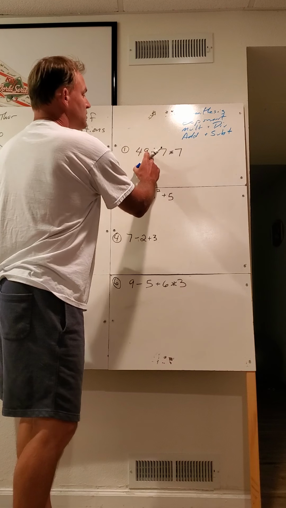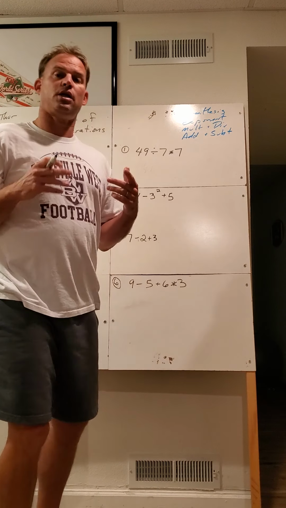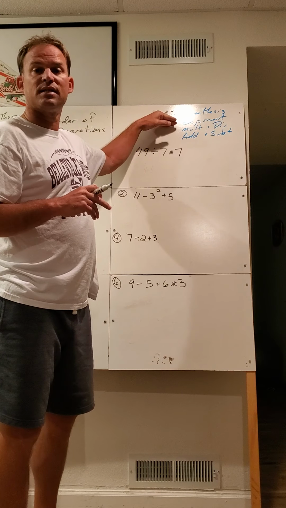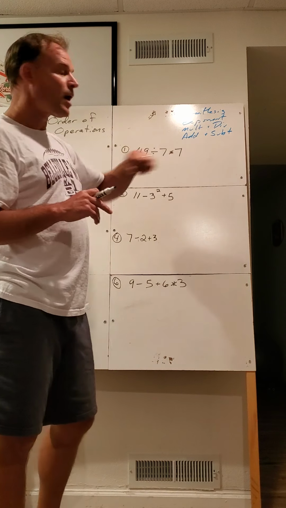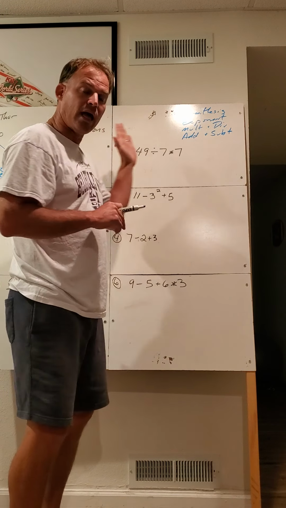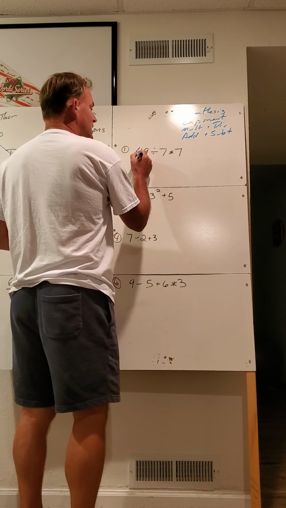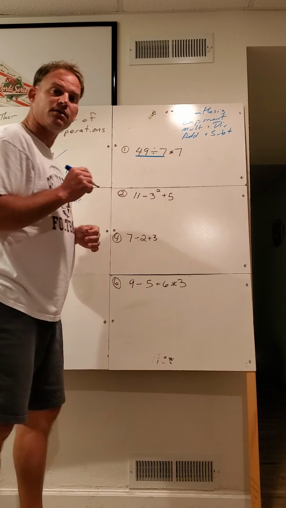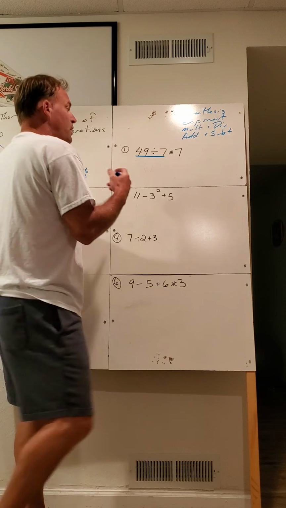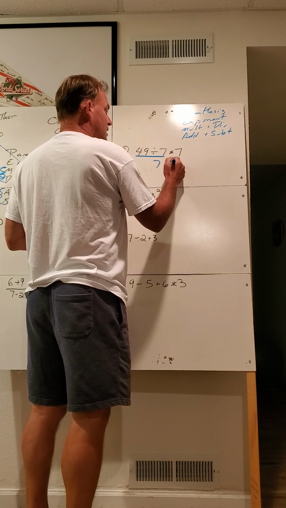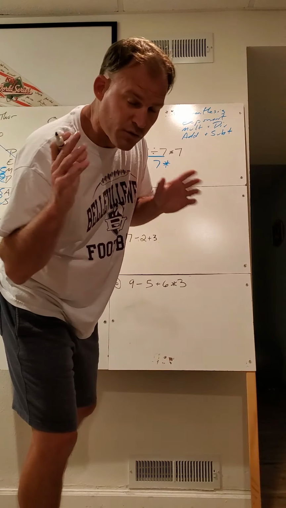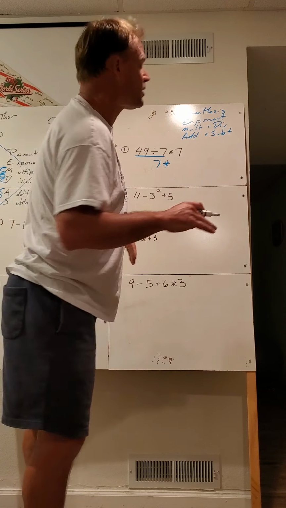So, classic example, number 1. I have division, I have multiplication in the problem. They are on the same level. So when I do a problem like this, I proceed left to right. The first operation that is done is 49 divided by 7. 49 divided by 7 is, of course, 7. If you didn't know that in your head, you can use a calculator.